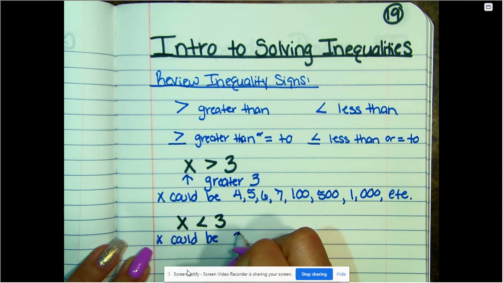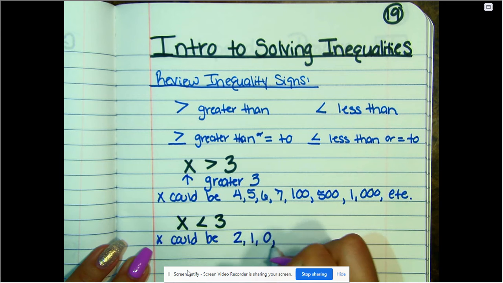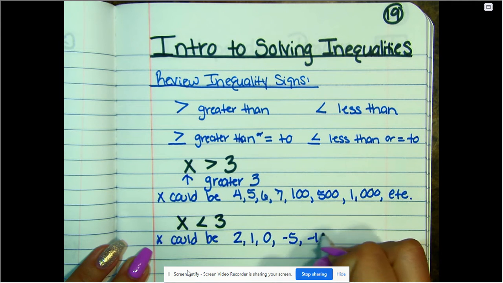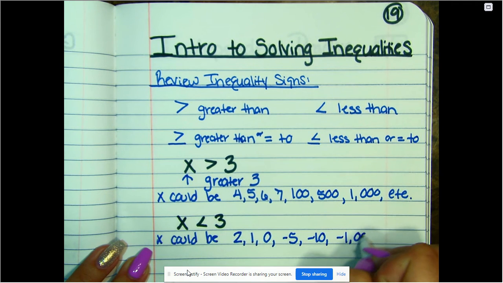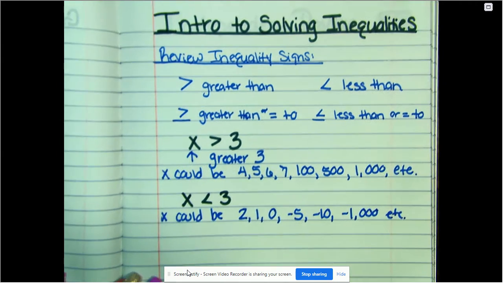It could be 2, 1, 0, -5, -10, -1,000, etc.